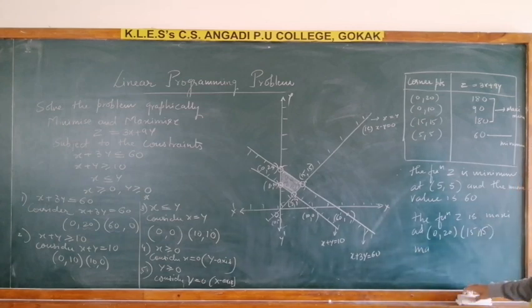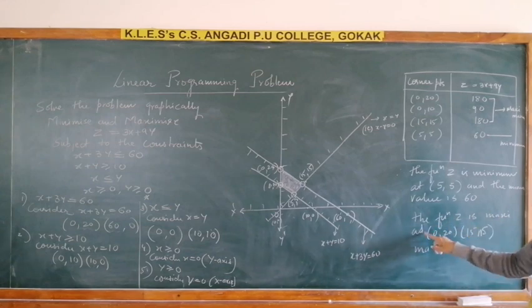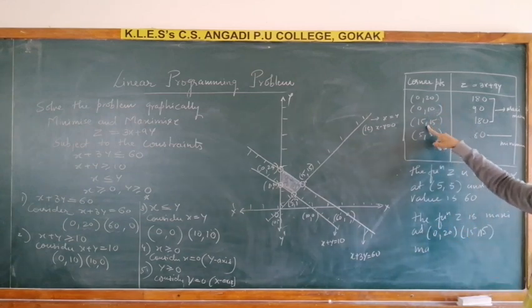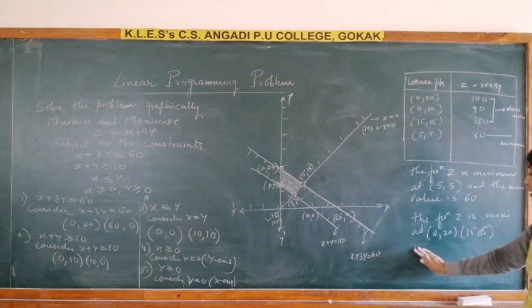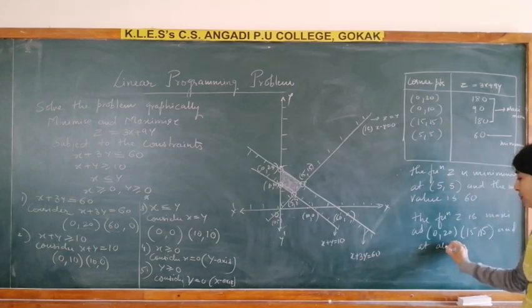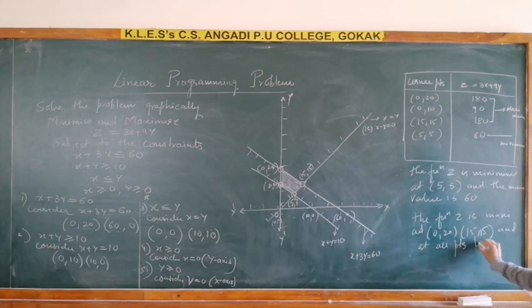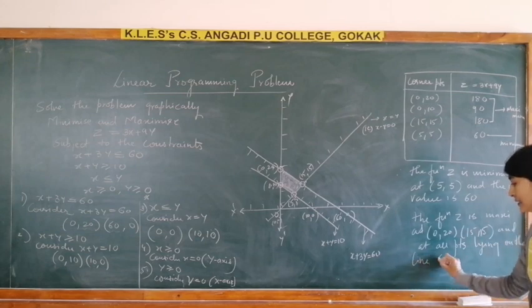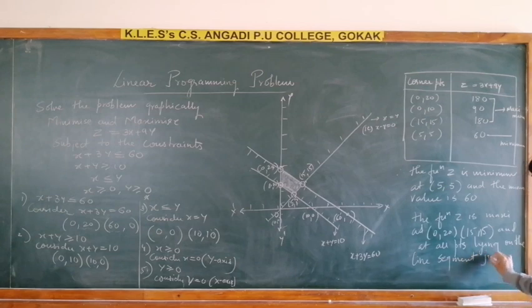Here, remember, the function z is maximum at 0 comma 20 and 15 comma 15 and at all points lying on the line segment joining these 2 points.